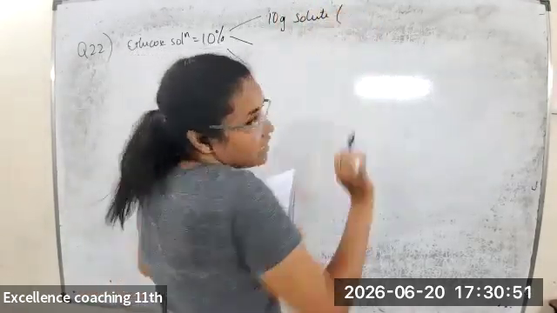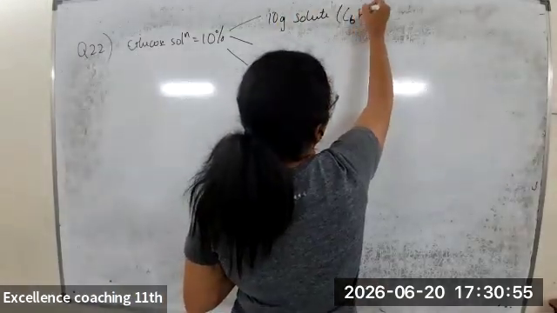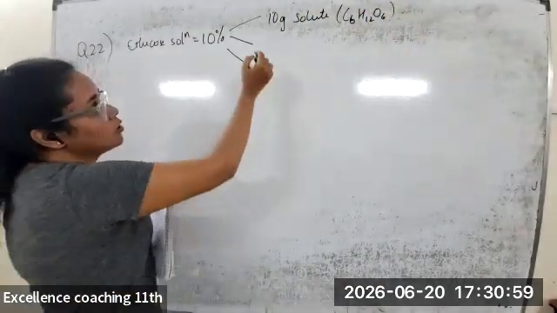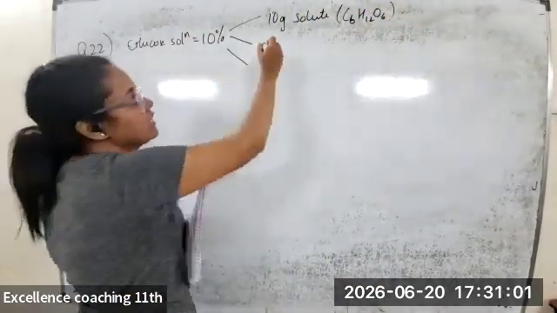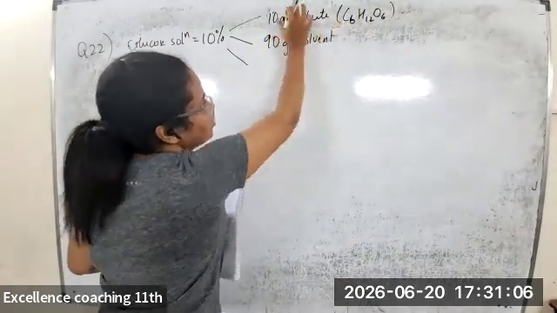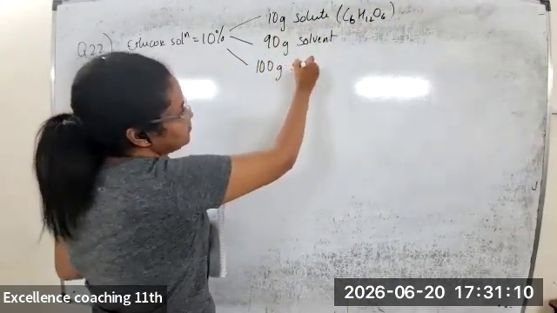So what is our solute in this case? Glucose, that is C6H12O6. Okay, this is done. So what is remaining? 90. 90 grams is what? Solvent. And the total will be what? 100. 100 grams will be solution.